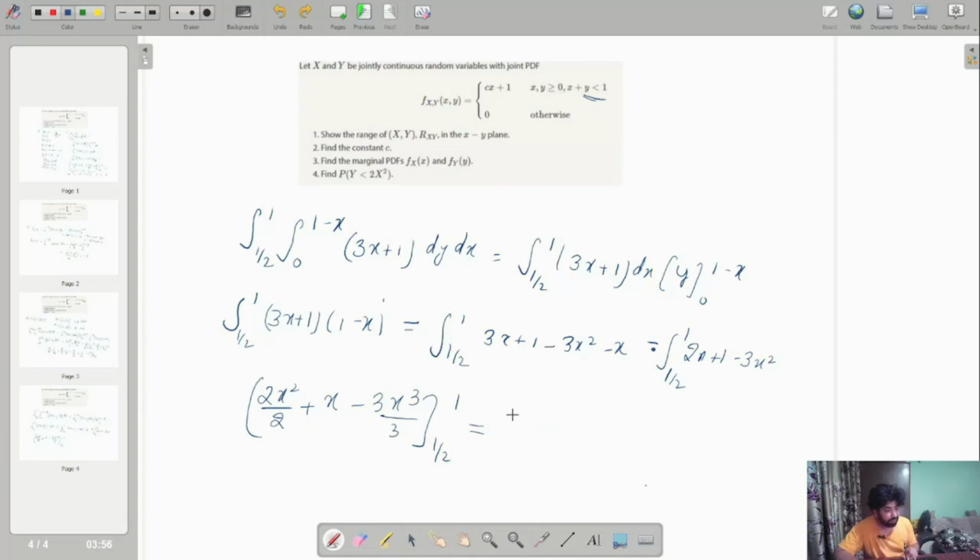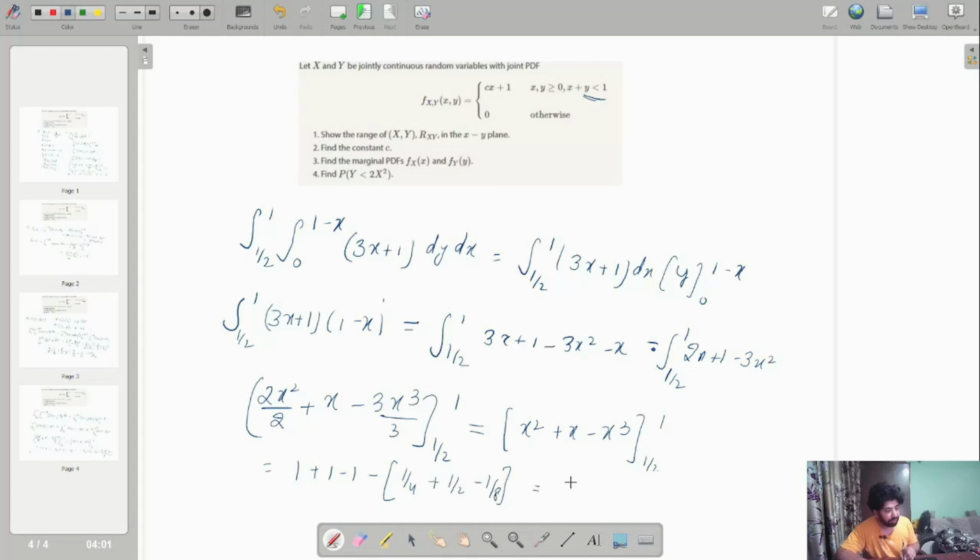So moving on further, I will have here x squared plus x minus x cubed, from 1/2 to 1. So now I can write this as 1 plus 1 minus 1 minus, and here I will have 1/4 plus 1/2 minus 1/8.